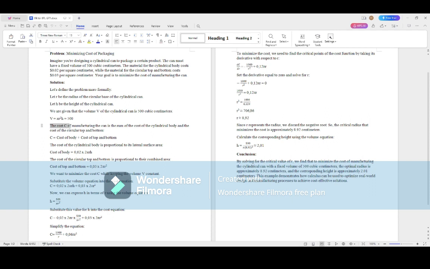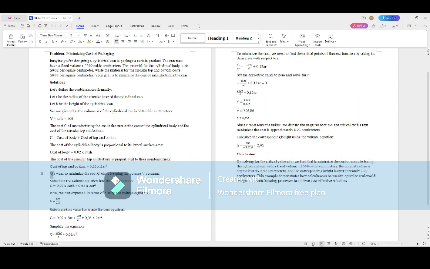We calculate the cost of manufacturing as the sum of the cost of the cylindrical body and the cost of the circular top and bottom. The cost of the cylindrical body is proportional to its lateral surface area, and the cost of the circular top and bottom is proportional to their combined areas.